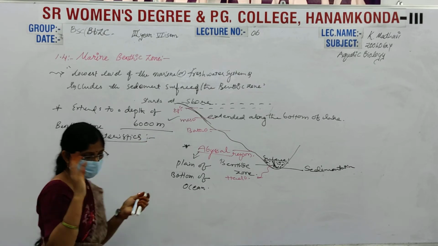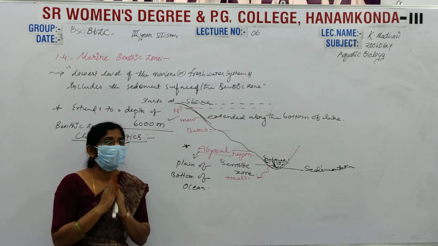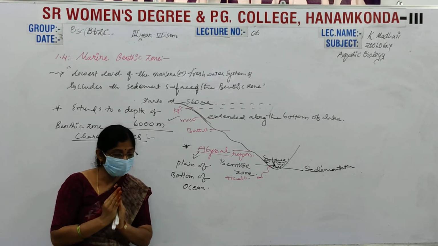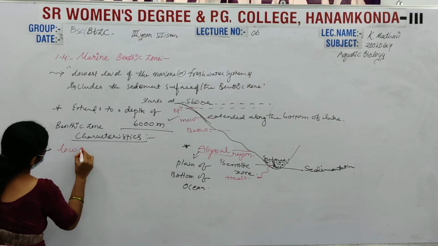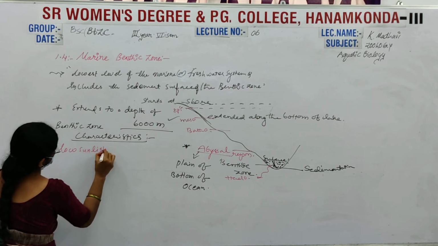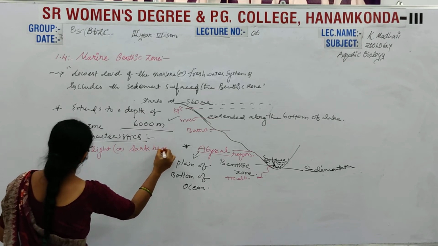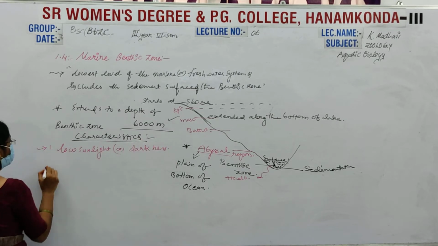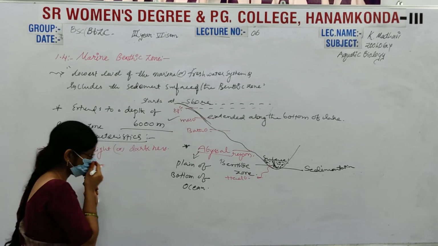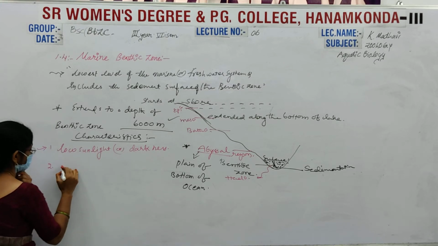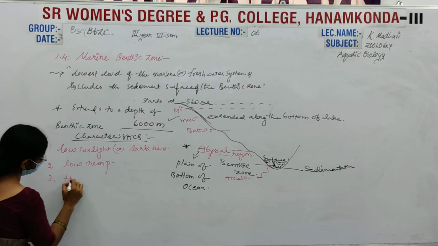Benthic zone characteristics. The first one is that light is not present. Low sunlight, sometimes sunlight is not present at all, or darkness. Darkness, low sunlight, this is factor one. And next, pressure is high, and low temperatures.